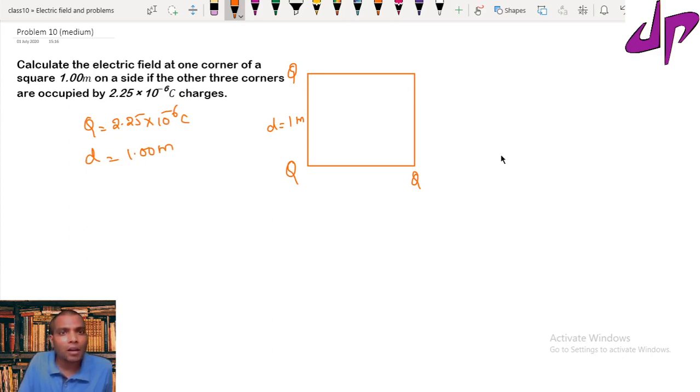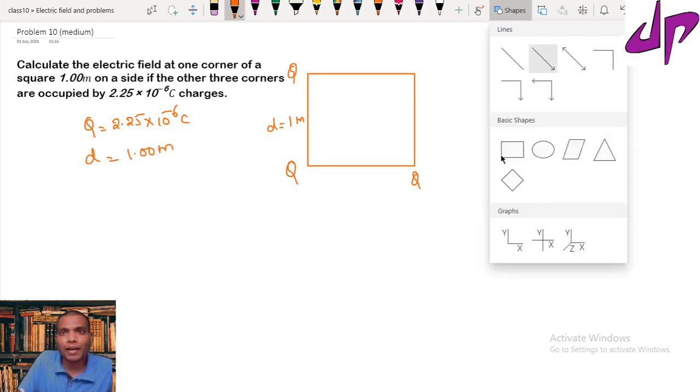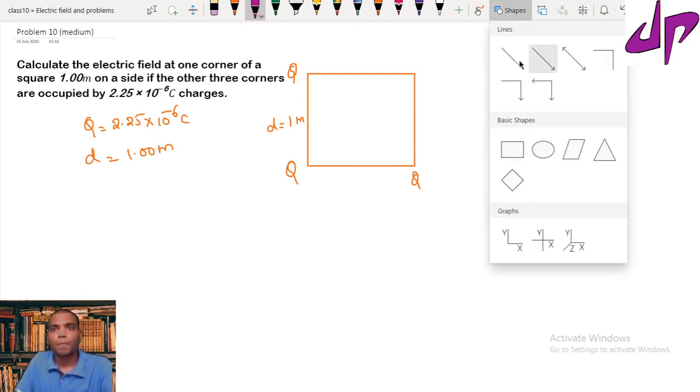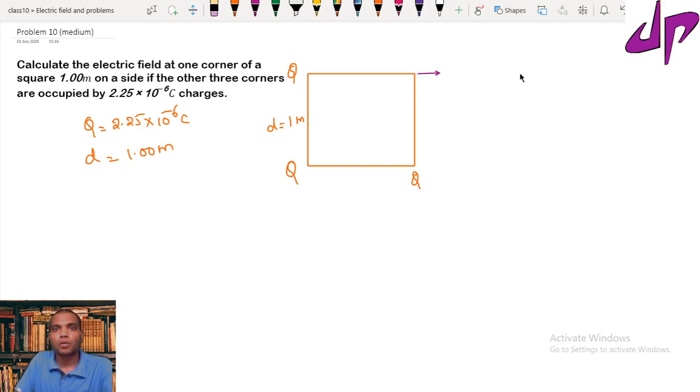And I need to calculate the electric field at the fourth corner here. For that, if this is the charge q1 at this point, the electric field direction is along this direction at this corner.